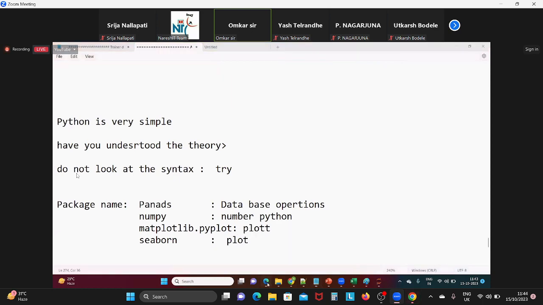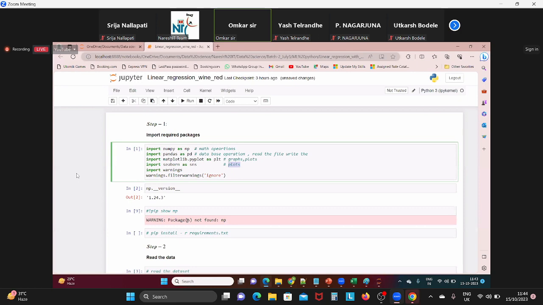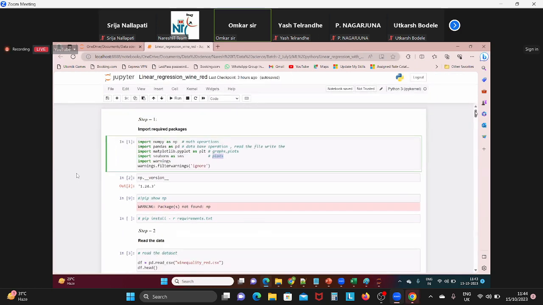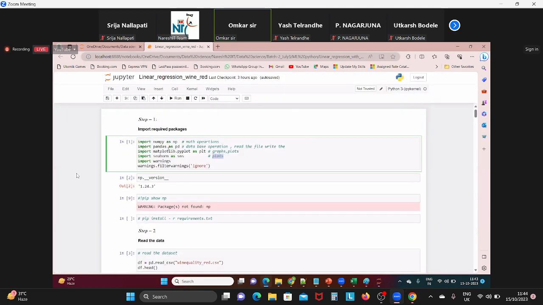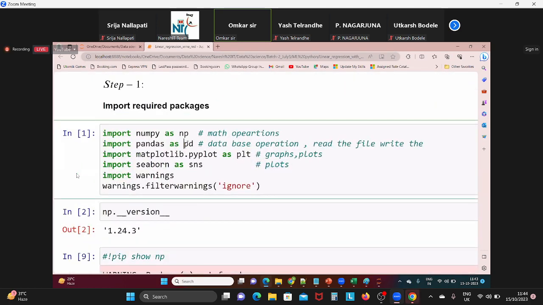Now the second step is to read the data. What package will we use to read it? Pandas, right? What alias name did we provide? PD. Different packages give different visualizations: some give a 3D diagram, some a 2D diagram.